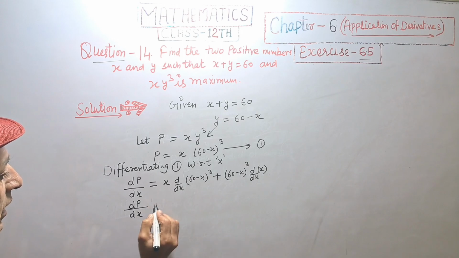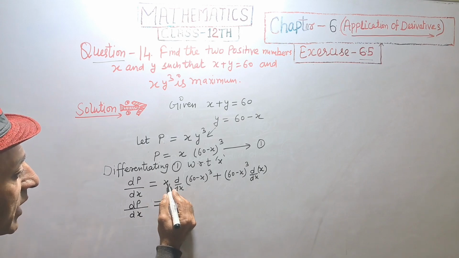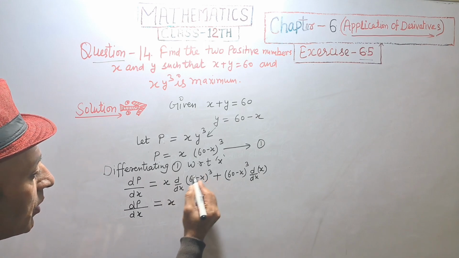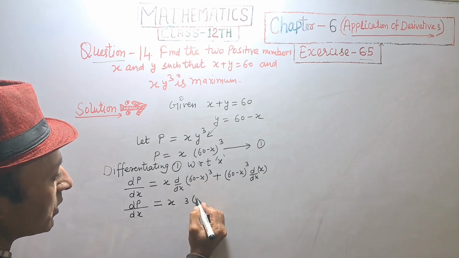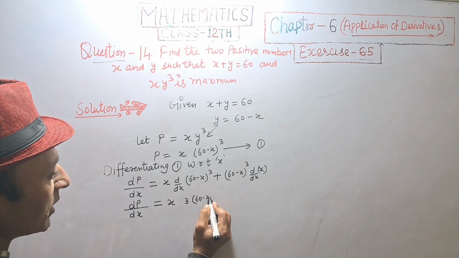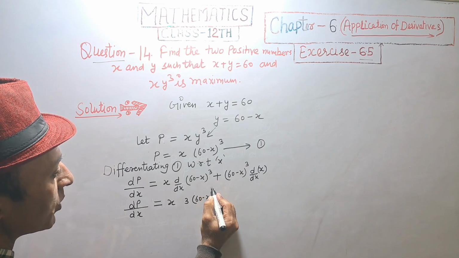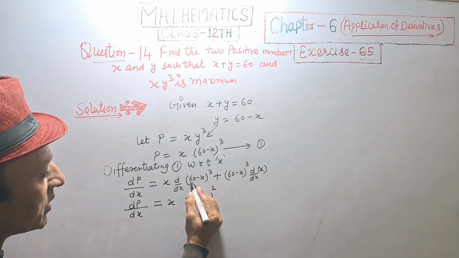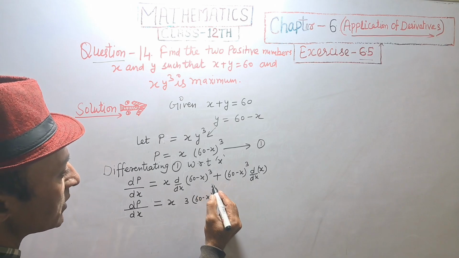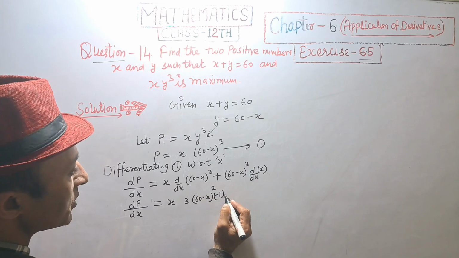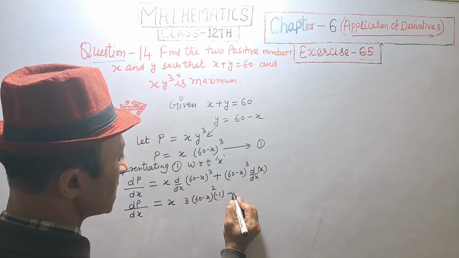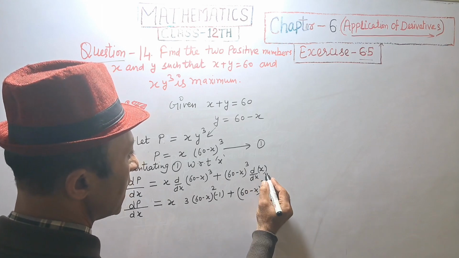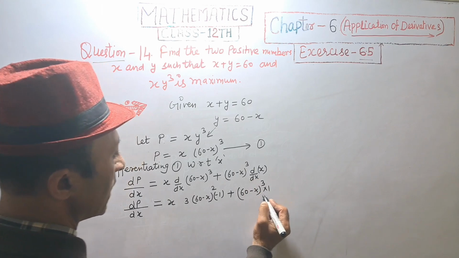First function x as it is, and derivative of (60 minus x) raised to power 3: 3 into (60 minus x) raised to power 3 minus 1, that is 2, into d/dx of (60 minus x). d/dx of 60 is 0 and d/dx of minus x is minus 1, plus (60 minus x) raised to power 3 and derivative of x is equal to 1.